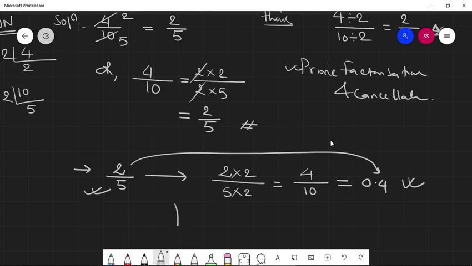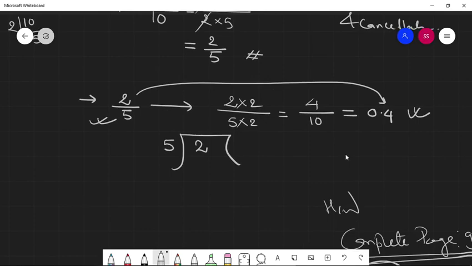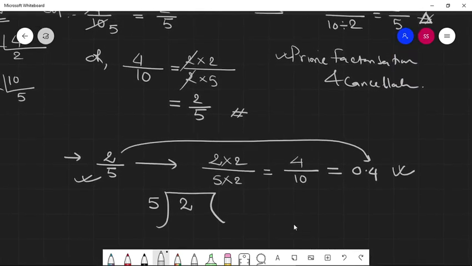Another process is the division process, dear students. You need to divide 2 by 5. 0 times 5 is 0, then 2 remainder, and you can put the decimal sign and add a 0 here. 5 times 4 is 20, no remainder now.